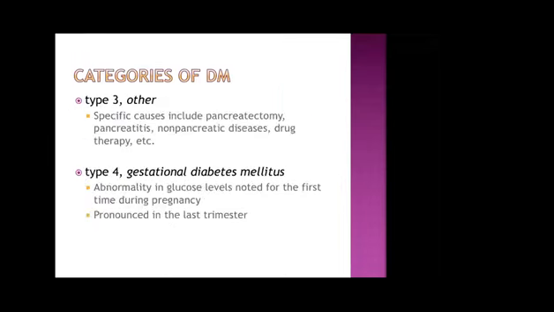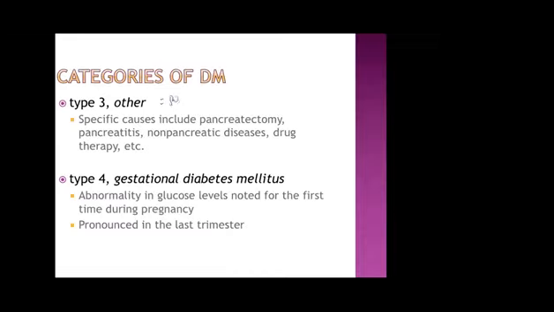Next, we have third type, and that is secondary diabetes mellitus. So pag sinabi nating secondary naman, there is a specific cause why DM emerged in the patient. So meron tayong specific na dahilan bakit nagkaroon ng komplikasyon na DM ang pasyente.